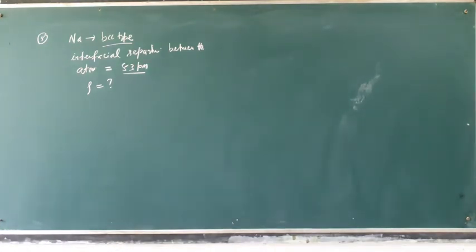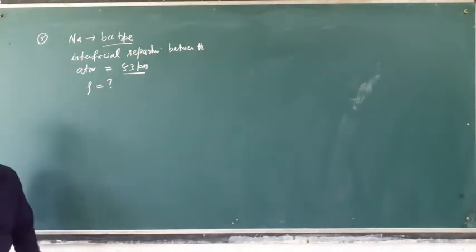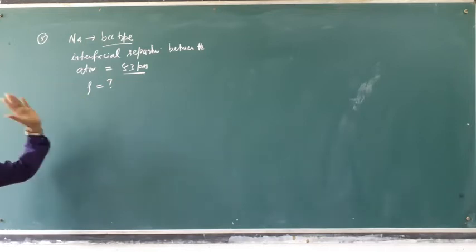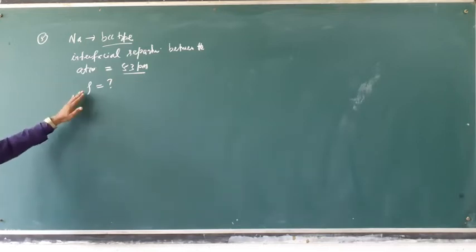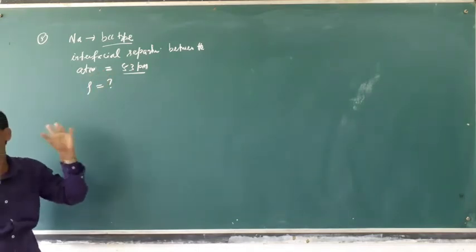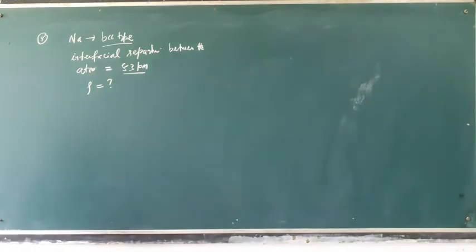Think how it will be solved. What are the steps? The important thing is which formula you have to use. The density formula will be used, but before that A should be known, but A is not given, so you have to calculate A.